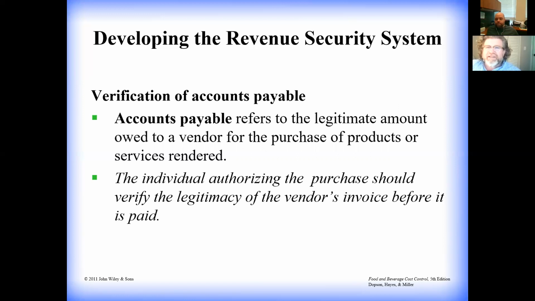Like, as Robbie said, anybody with a clipboard and looking serious walks in and hands you a bill. If your cashier or front desk clerk isn't trained to just say, okay, the manager will have to verify this, and not just pay out right then and there. I think this has changed a lot since our early days in the industry, though.